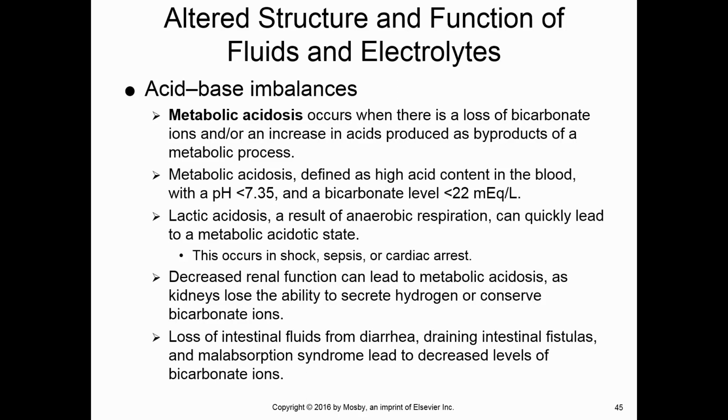That tells us we're acidotic. And then we're going to see that our bicarbonate level is also low as well, because we're excreting or losing or not forming our bicarbonate ions, okay? So our bicarbonate level, our HCO3, is going to be low, all right?